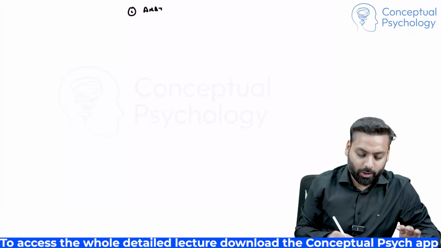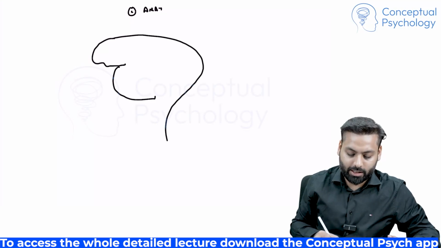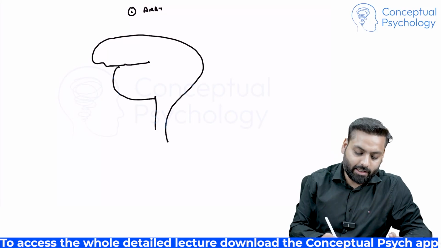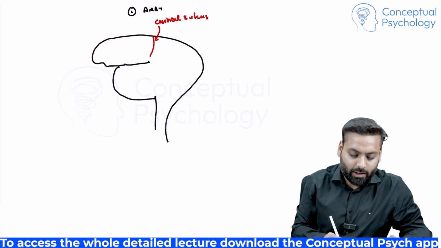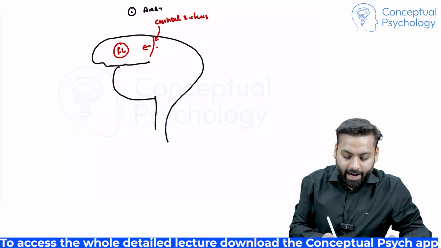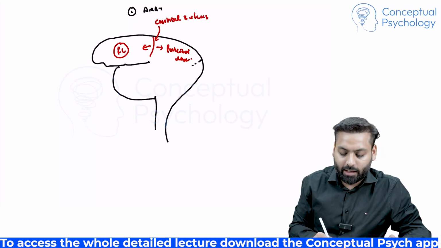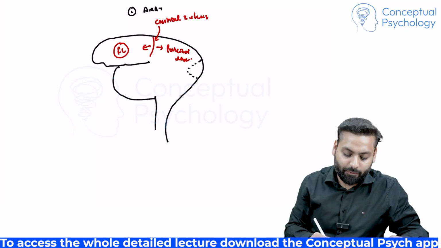So try to understand. Whenever you make a brain, the first structure that you localize is, I want answers from your side, the central sulcus. In front of the central sulcus, we have the frontal lobe. Behind the central sulcus, we have the parietal lobe. Here, at the very posterior part on the back of the head, we have the occipital lobe.